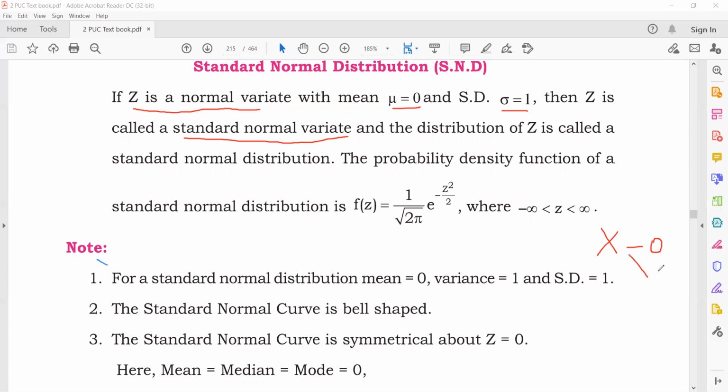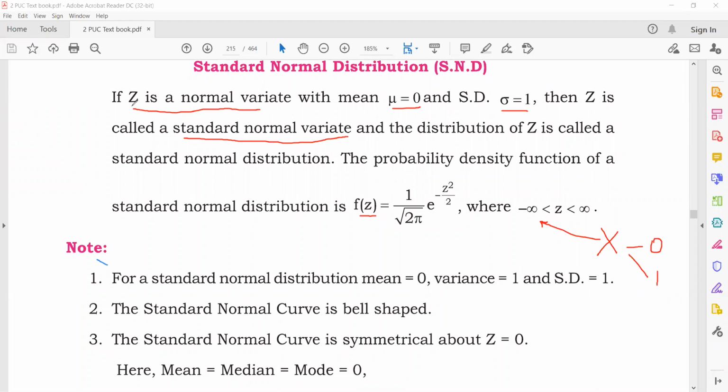So in order to differentiate whether it is normal or standard normal, we are using notations. These are universally accepted notations. Even in this situation, this X can be called a standard normal, but there are certain notations used statistically and universally they are followed. Therefore, we use the same notations.